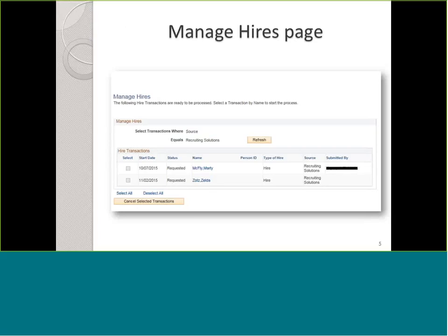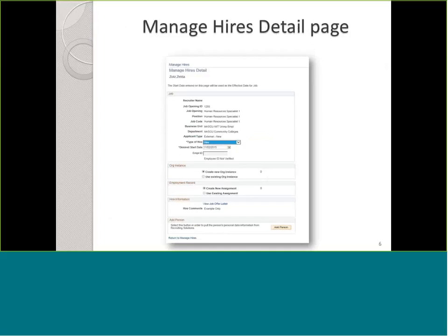For this example, we'll be using Zelda Zatz. We'll click on Zelda's name, and we'll be brought to the Manage Hires detail page. This page will provide you with information to make sure that you have the right person and that it's the right position. So you'll check to make sure it's the right job title, that it's the right hire type, that it's the start date that you anticipate.